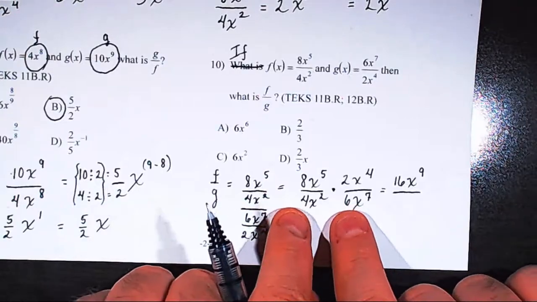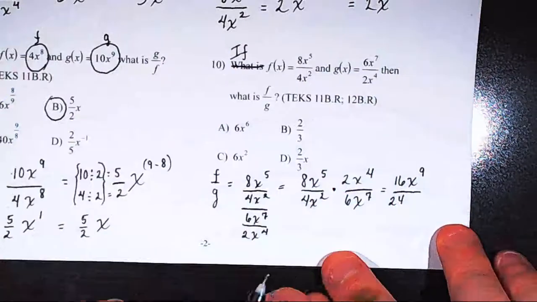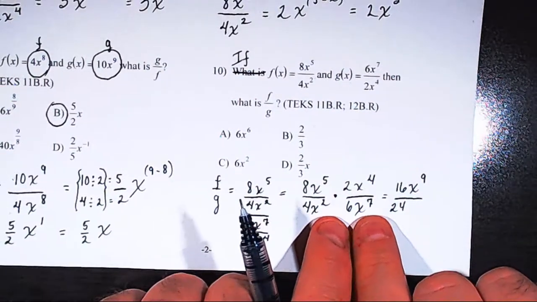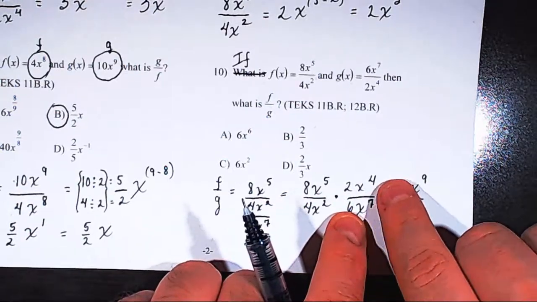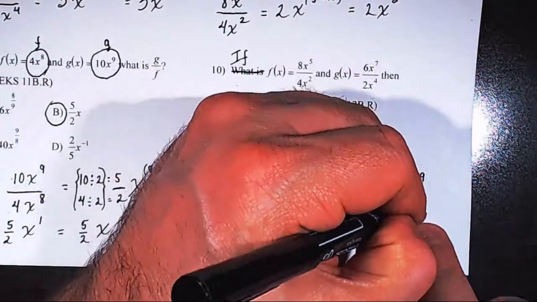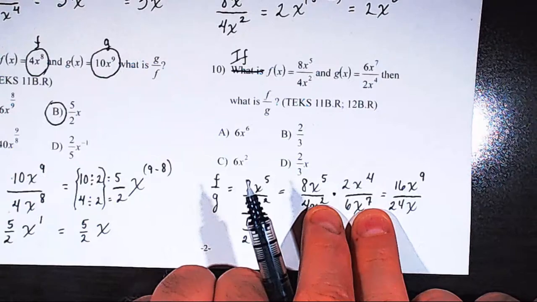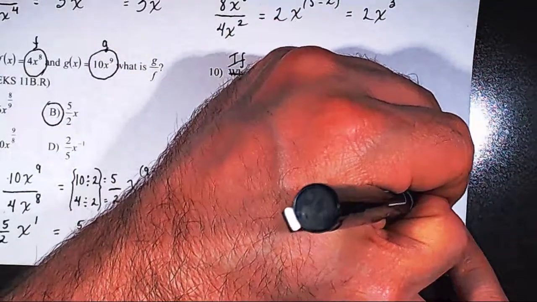We have the same base, so we'll multiply our coefficients. 4 times 6 is 24. Then x squared, that's the 2nd power, and then x to the 7th power. We're going to add 2 and 7, so we'll write the base of x and raise it to the 2 plus 7th power, which is 9.